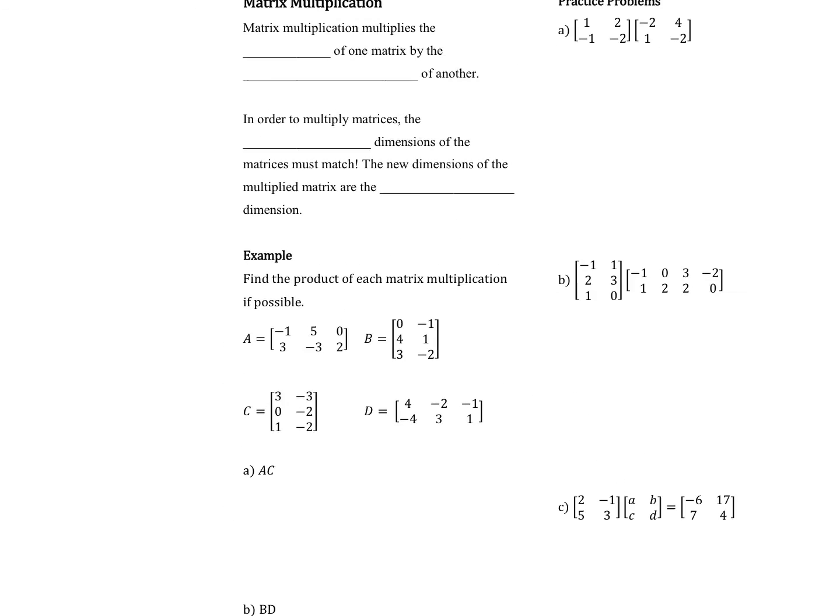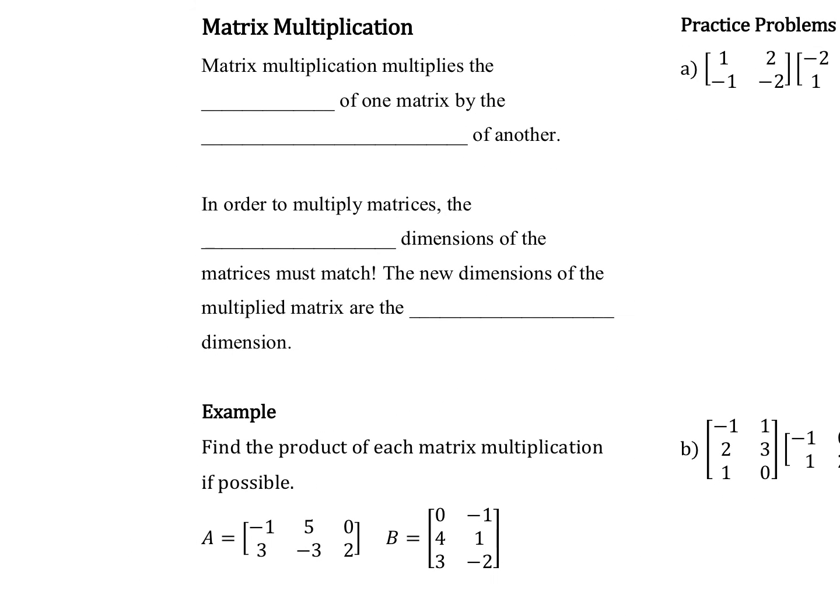Multiplication. Let's talk about this last thing, and we'll stop there. Matrix multiplication is not the same thing as scalar multiplication, all right? Scalar multiplication is taking a number and multiplying it by every element. Matrix multiplication multiplies the rows of one matrix by the columns of another.